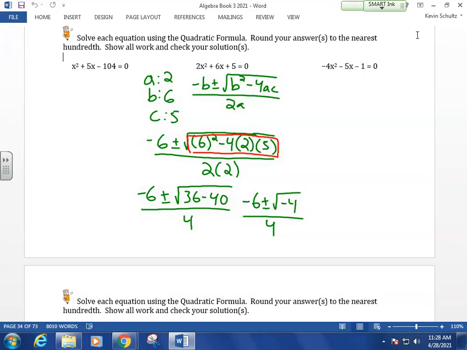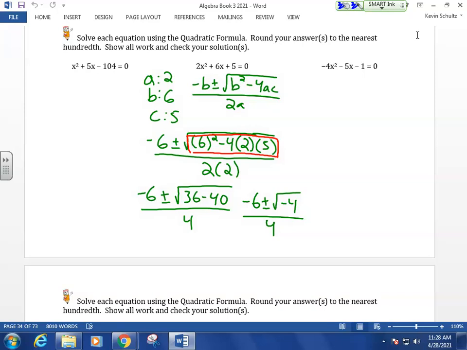Why does it make sense that we would get a negative number here, and since we can't take the root of a negative number, it means that there are no x-intercepts? Elise? Because then it's a negative in b squared minus 4ac.